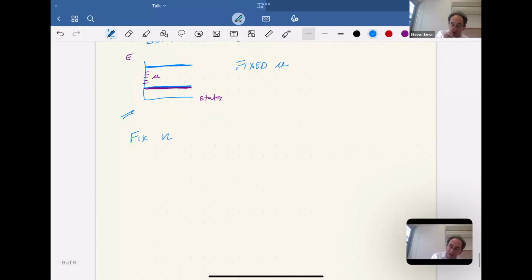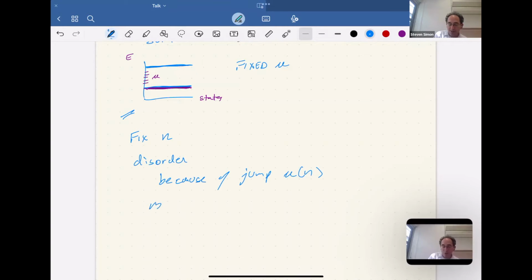Now here, the reason you get quantization is a little bit more subtle. Here, you rely on disorder. Because of the jump in mu of n, what happens is most of the system fixes itself to the special n, just below the jump.